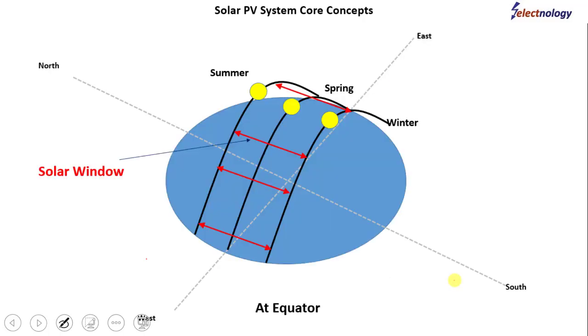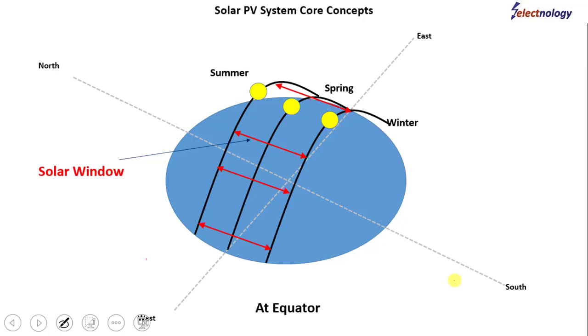Now, as the sun changes its position throughout the year from winter to summer and summer to winter, it will have a particular range of its angle with respect to the solar panel. Now, we need to find an optimum tilt angle for the PV module so that it can receive maximum power throughout the year.